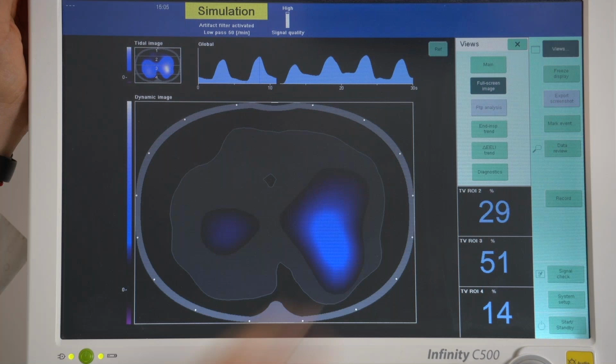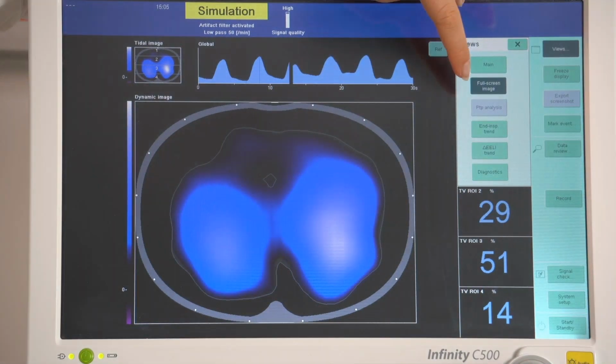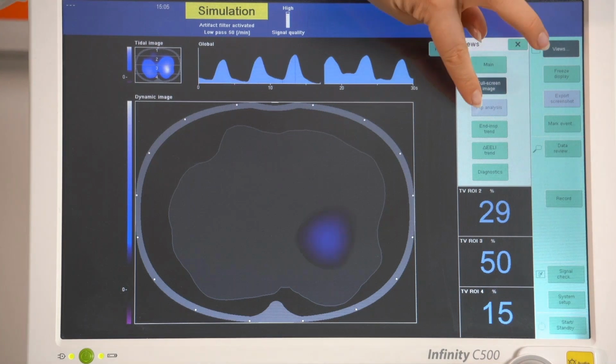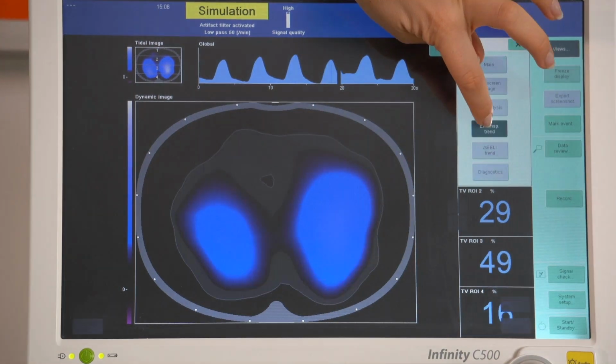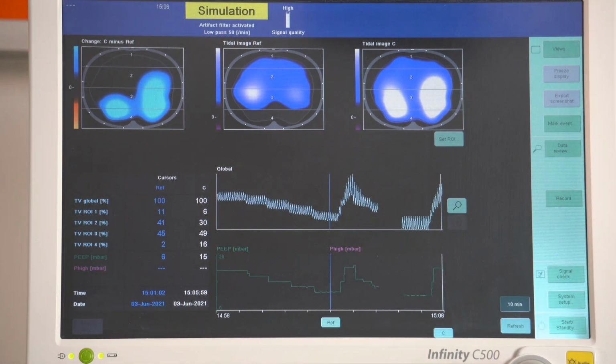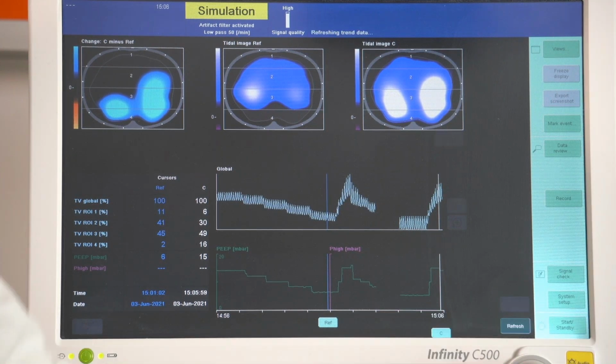As I mentioned, in order to perform the analysis of the therapeutic intervention, we need to go into end inspiratory trends. Now it actually gets interesting. We will try to refresh this, and our simulation file here is restarting.